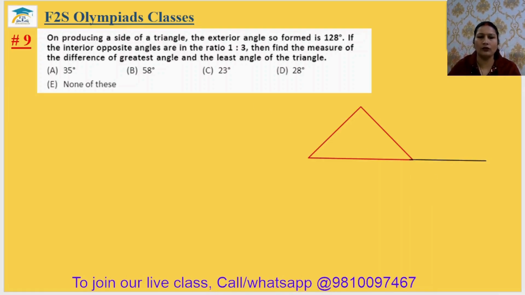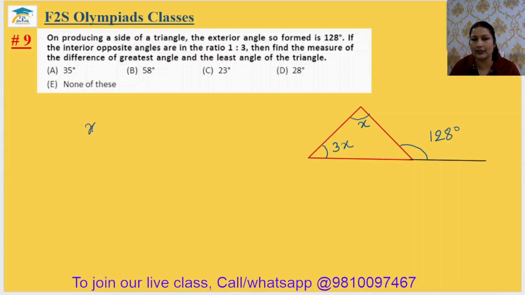Okay. Now on producing the side of the triangle, let's produce the side. It is given that this angle is 128 degree and it is saying the interior opposite angles of the exterior angle are in the ratio of 1:3. It means if it is x, the next will be 3x. Okay. And according to the property of angles, we know that the exterior angle should be equal to the sum of the interior opposite angles.